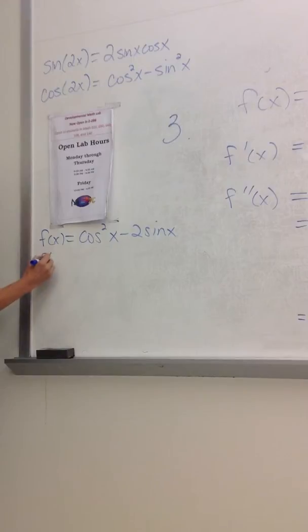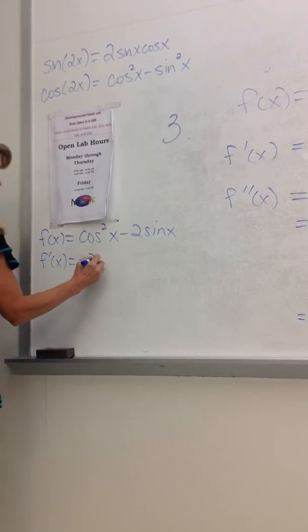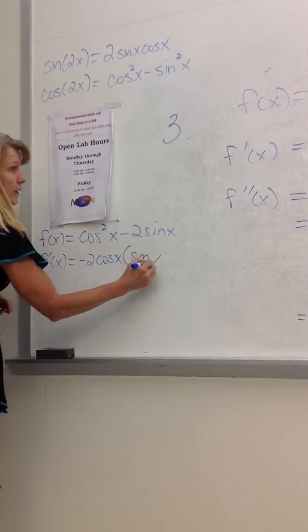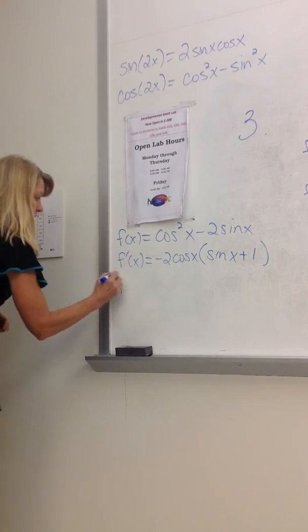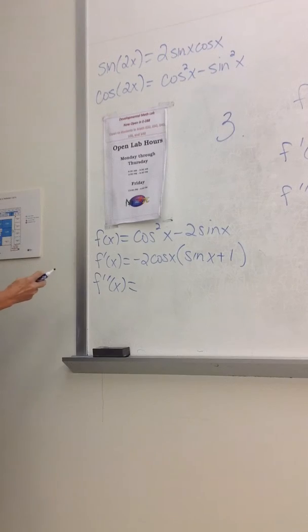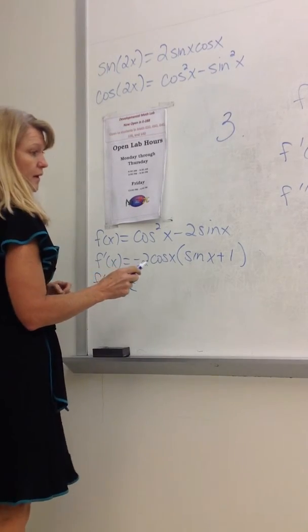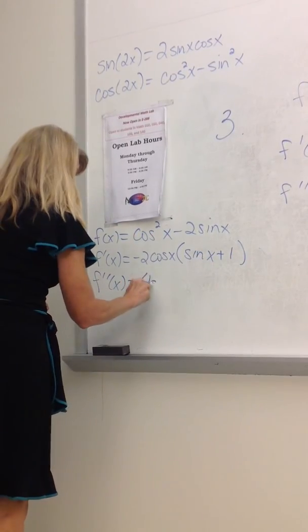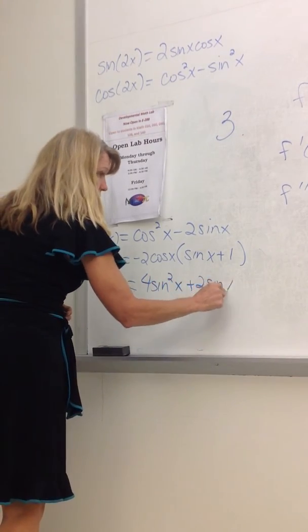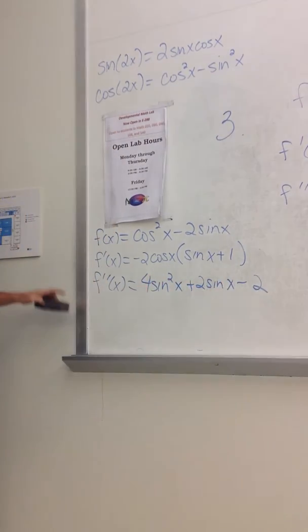We're going to want our first derivative, which is minus 2 cosine times sine plus 1. And our second derivative is, I'll just use that form down there, 4 sine squared plus 2 sine minus 2. I want these handy because we're going to use them.